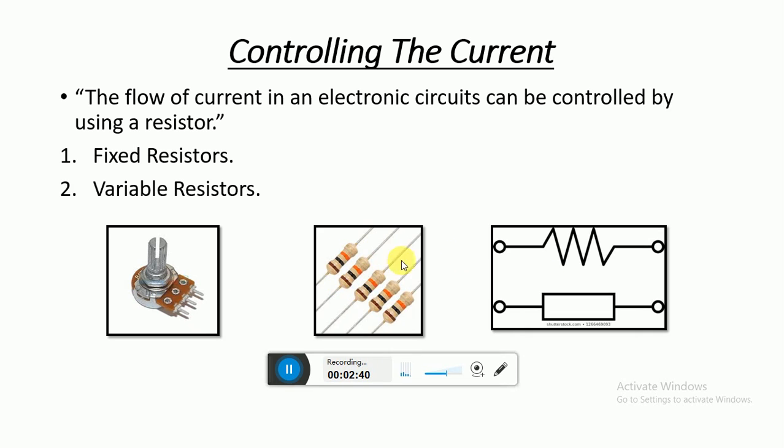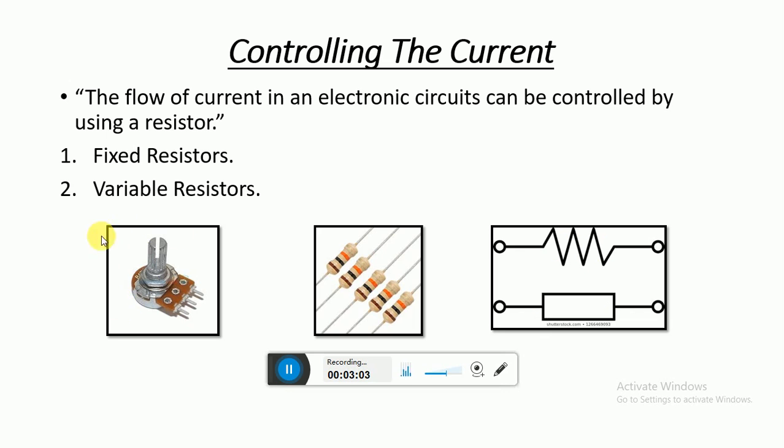This middle one is a fixed resistor, and on the right side we have a symbolic representation of a fixed resistor. We can represent it either this way or this way.